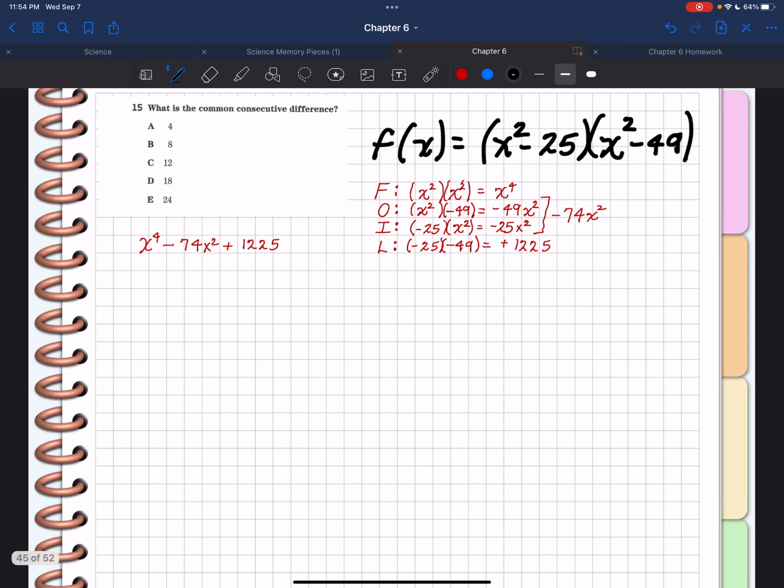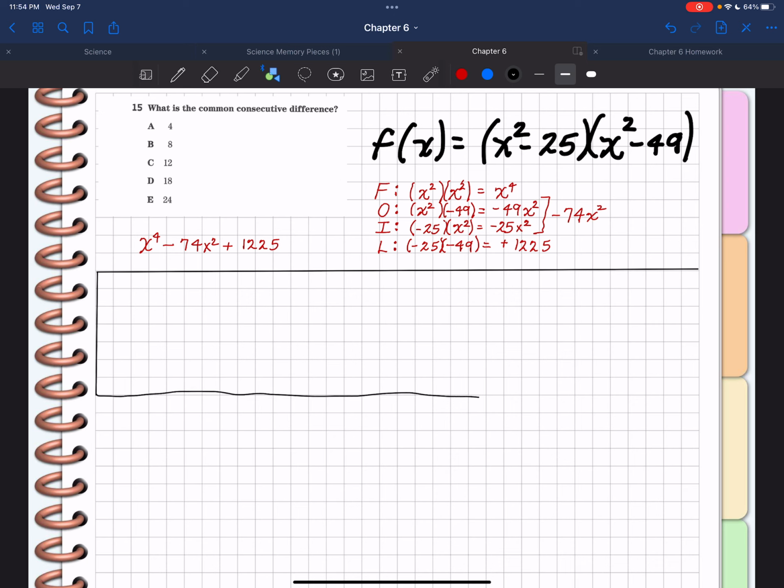So we're going to have to find the common consecutive difference, and it's going to take 4 levels because this is a fourth degree equation. So let's build a pretty substantial table. I'll use 6 values. The higher that degree, the more x's and y's you will need. But I believe 6 will do it for us.